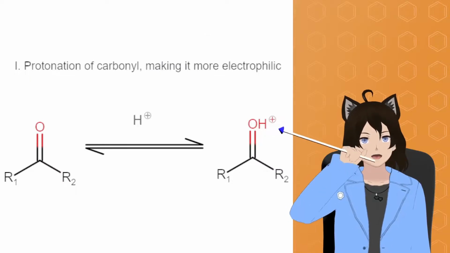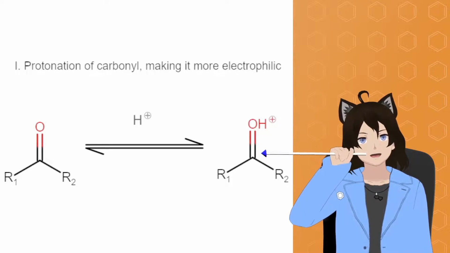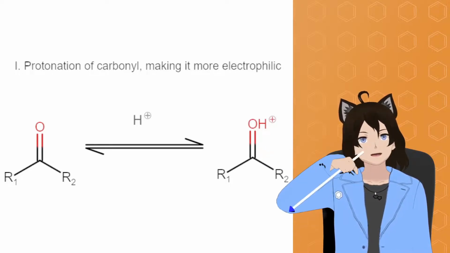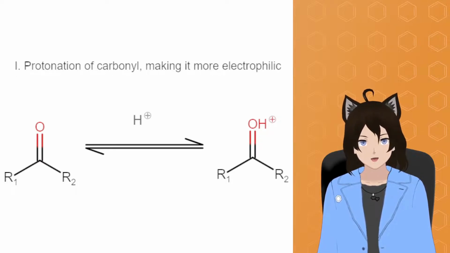First, the carbonyl compound is protonated. Even though I already said carbonyls are electrophilic, they're nucleophilic enough to accept protons from acids. For example, here I just have a generic one, like the last mechanism example.